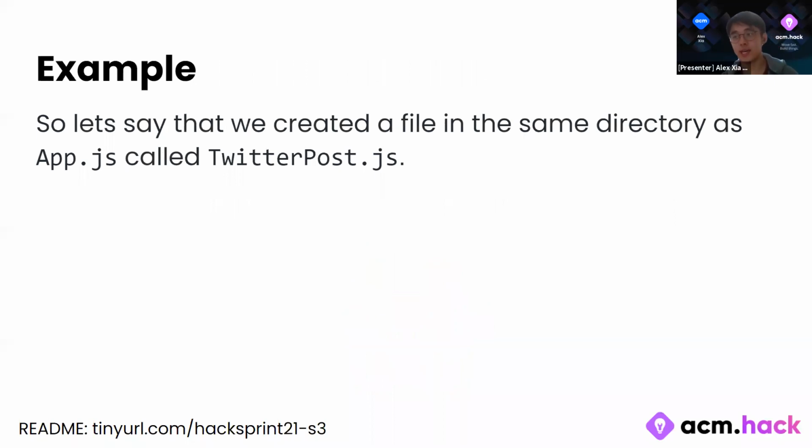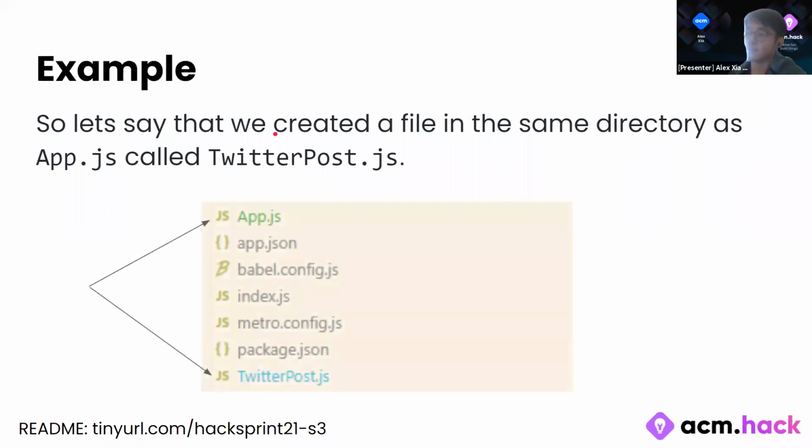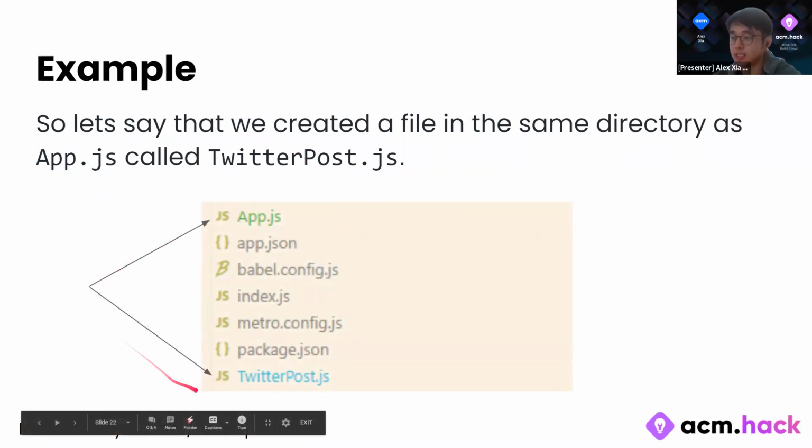And what does this look like? Well, say we created a file in the same directory as app.js called twitterpost.js, right? Also, creating components doesn't mean you have to create a new file, but generally we will create a new file for a new component. So I'm going to create a new file called twitterpost.js in the same directory as app.js.